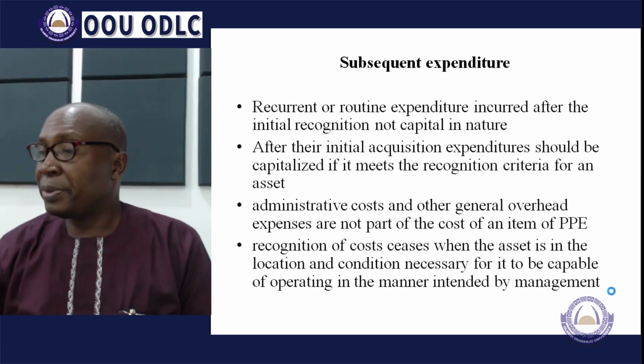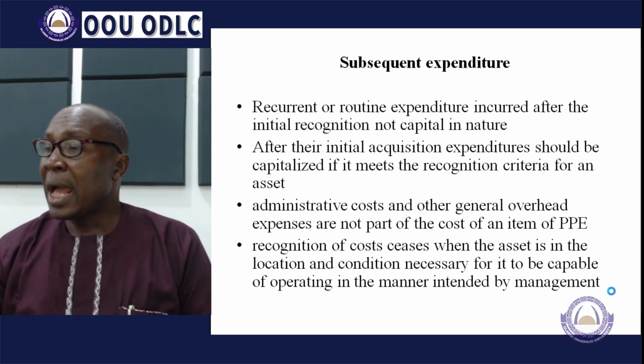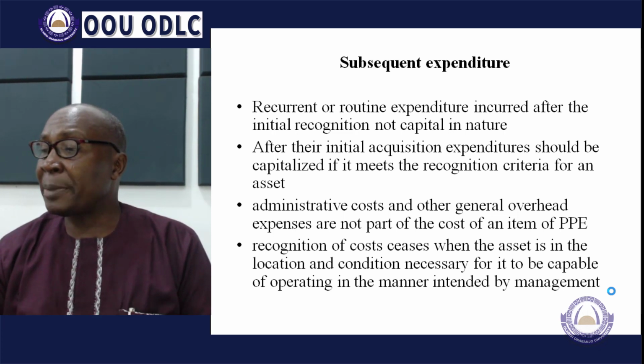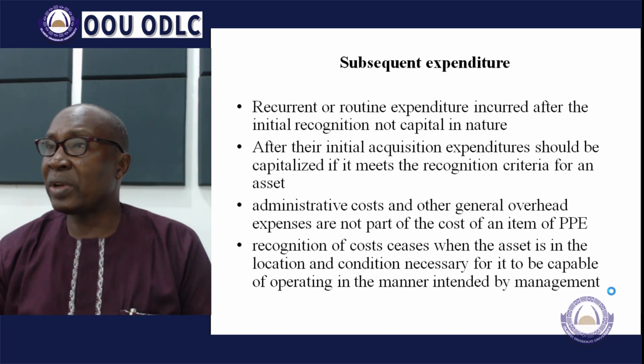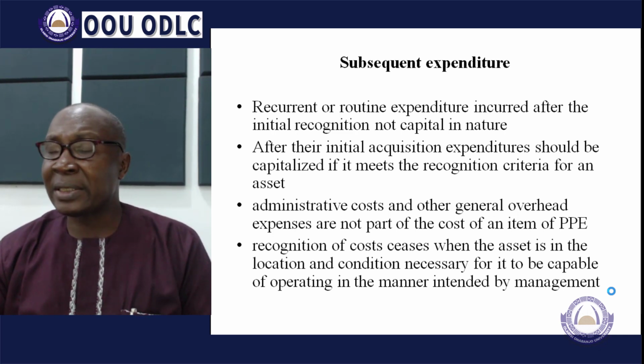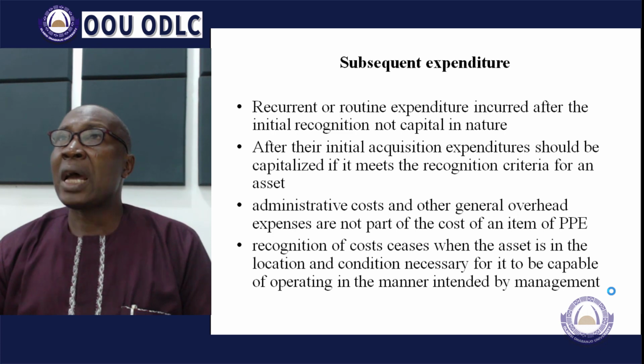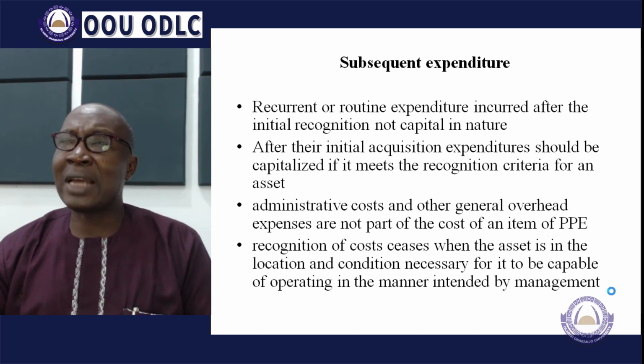Depreciation. Depreciation is defined by IAS 16 as the systematic allocation of the depreciable amount of an asset over its useful life. When we speak about the depreciable amount of an asset, we mean the cost of acquisition of the asset and the estimated written down value or the estimated scrap value of the asset.